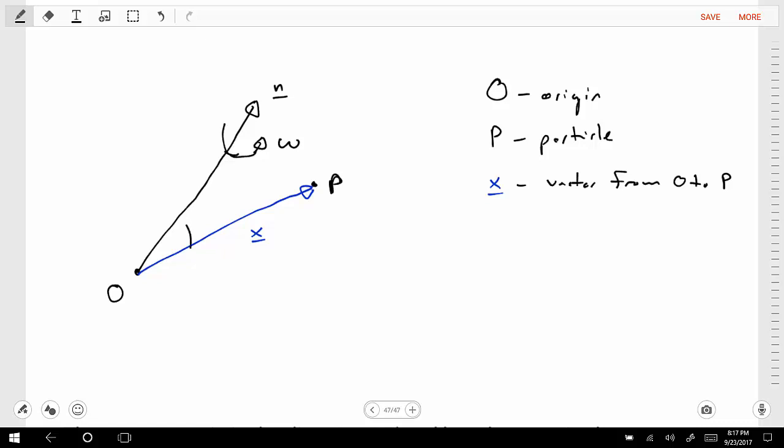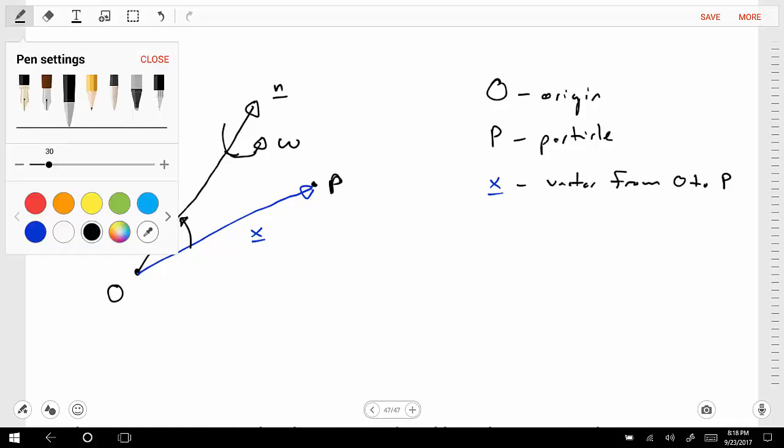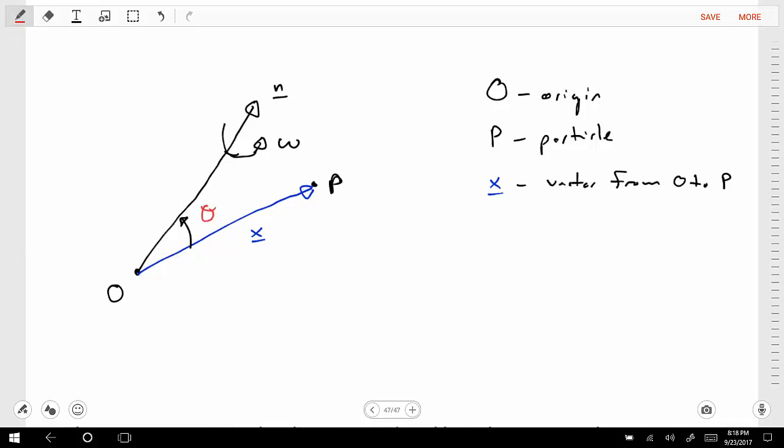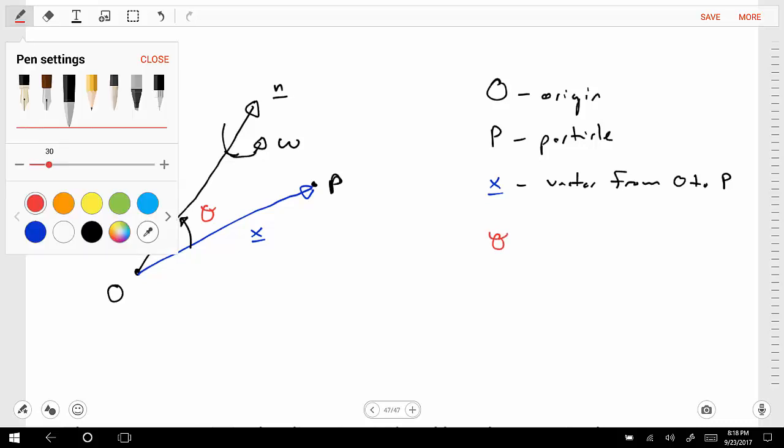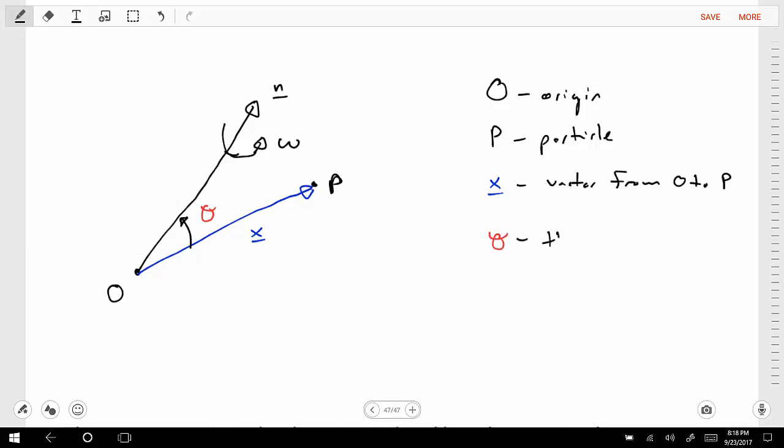And between the vector x and this direction vector n, there exists an angle theta. So say theta is the angle between the position vector for P and the normal about which we are rotating, right?